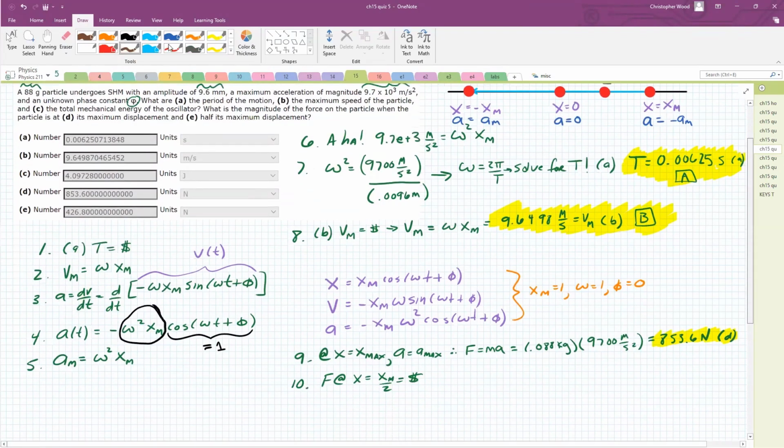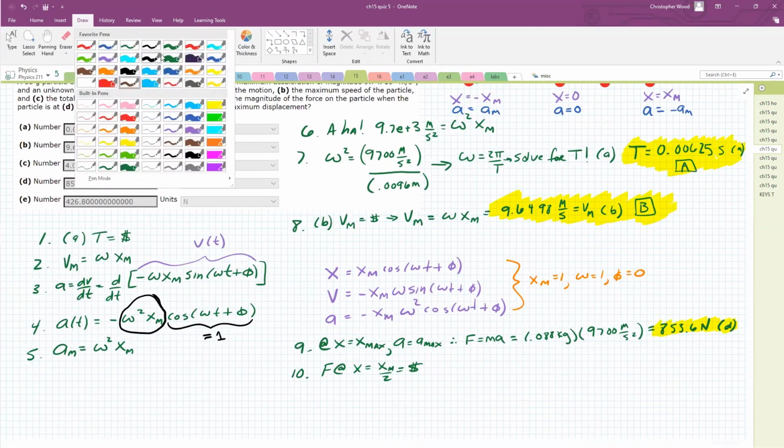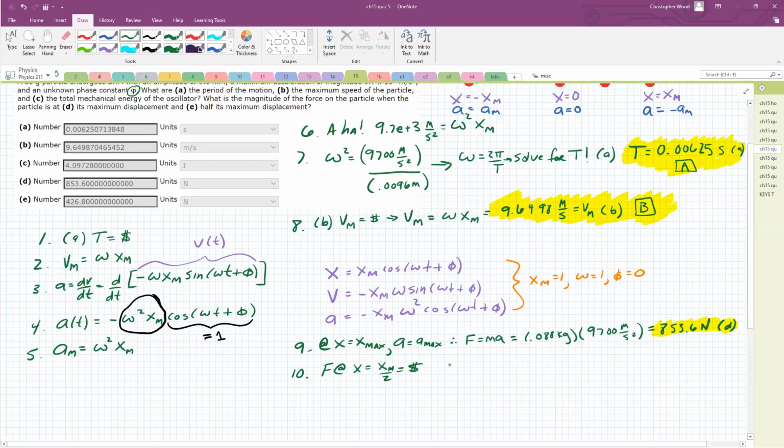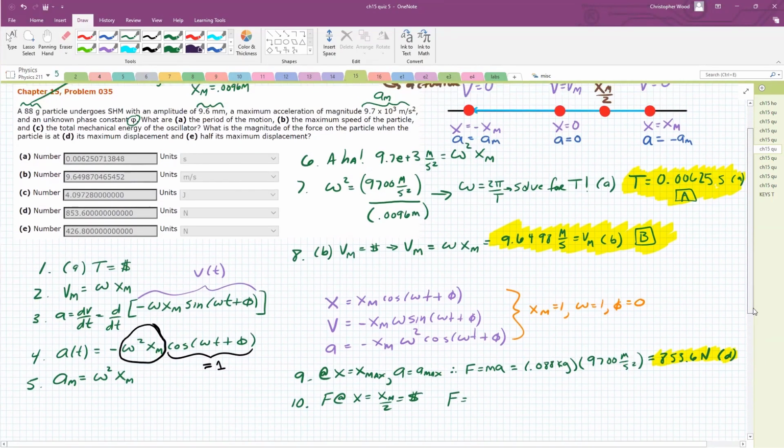So I'm just going to use Hooke's law for this problem. So I have F equals, do I have a K? Is K given?